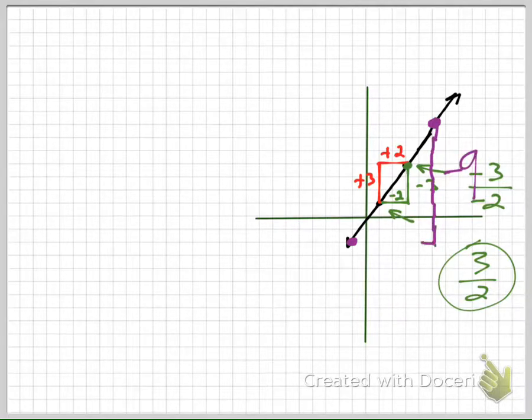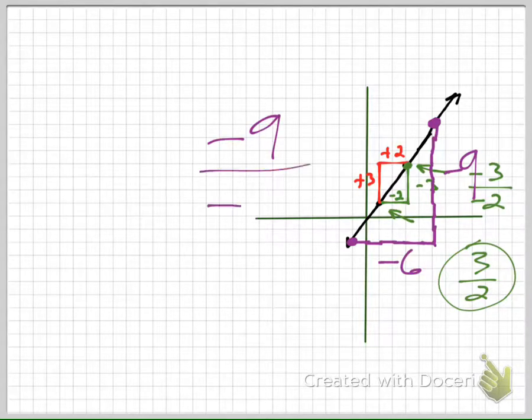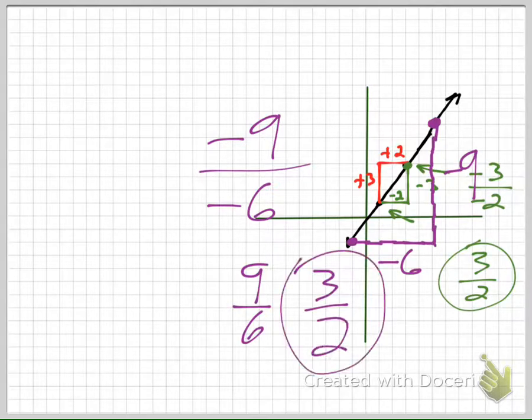And then from here I went 1, 2, 3, 4, 5, 6 to the left 6. Left is negative. Minus 6. The change in y is negative 9 over the change in x, negative 6. What is negative 9 over negative 6? That is a positive 9 over 6, which reduces to 3 halves. It's still the same slope. I don't care where you are on that line. You choose 2 points on the line and the slope is 3 halves.